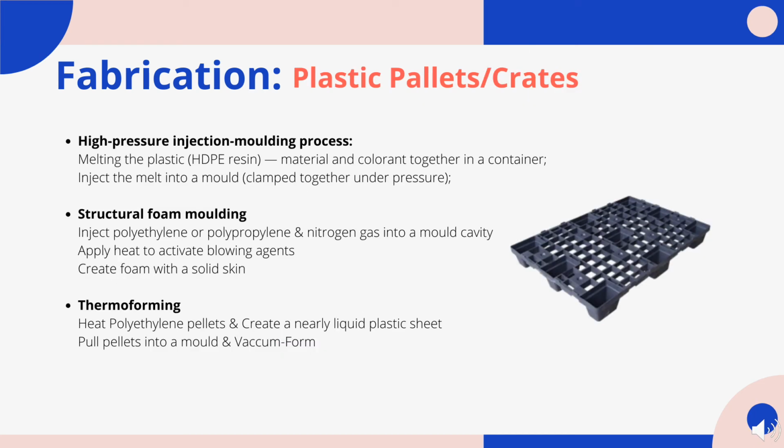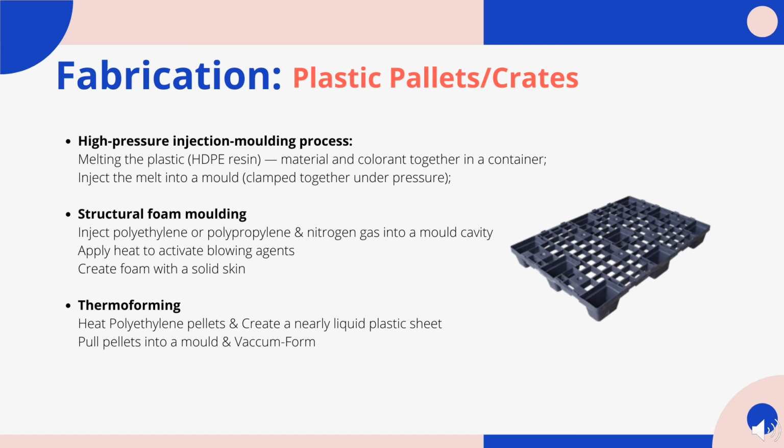Secondly, let's talk about fabrication procedures of plastic pallets and crates. Actually, there are a variety of methods available for doing this, and first is a high-pressure injection molding process where we melt the plastic material and colorant together in a container. Then the melt substance is injected into a mold where everything is clamped together under great pressure.